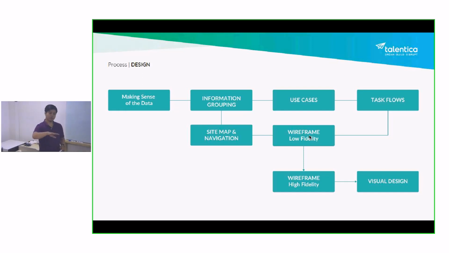So that's what we call a low fidelity wireframe. And when we start putting in the organs, the skin, the detailing, not the colors, color comes later, then it becomes a high fidelity wireframe. But then when we start putting in colors, the skin, and all these things, it becomes a visual design. So something similar to that.